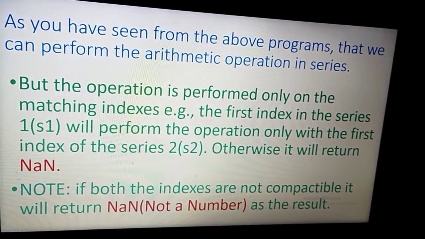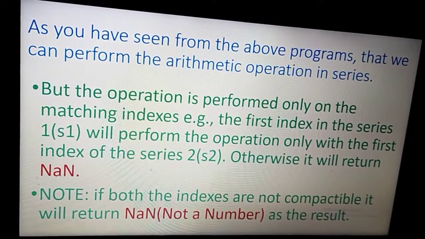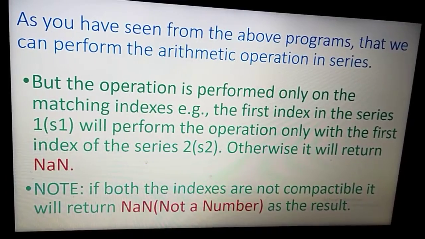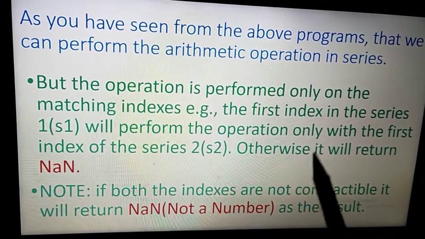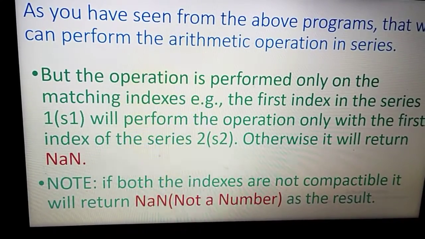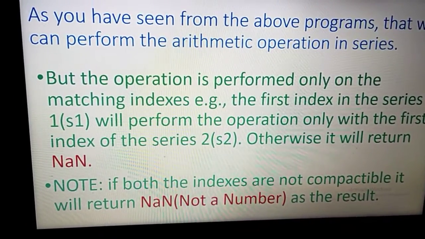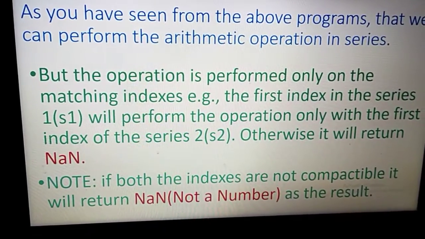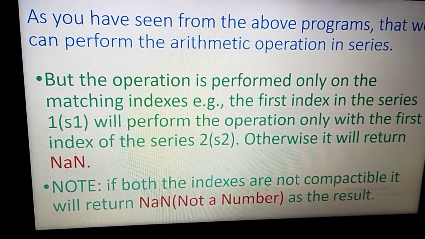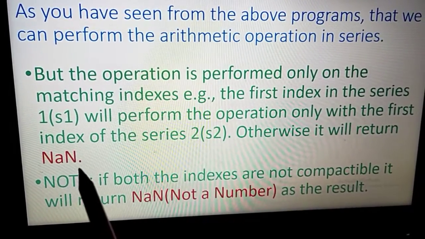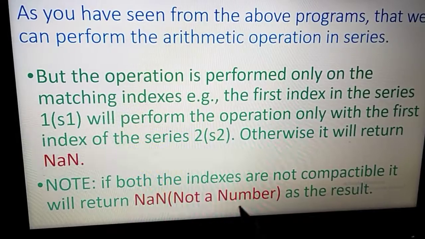What I want to mention here is that whenever we perform arithmetic calculation on series, remember that the index should be matched. That means if you have 3 index 3 values in the first series, you should have 3 index 3 values in the second series, otherwise the returned value will be NaN, that means not a number.